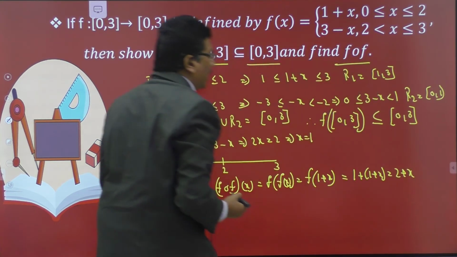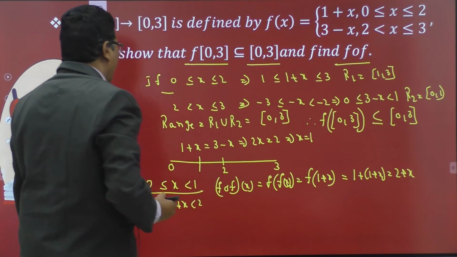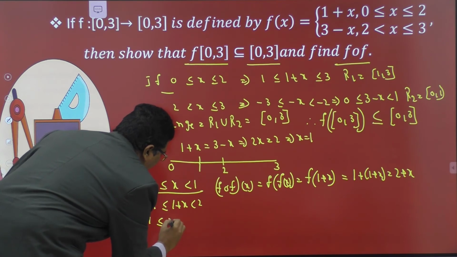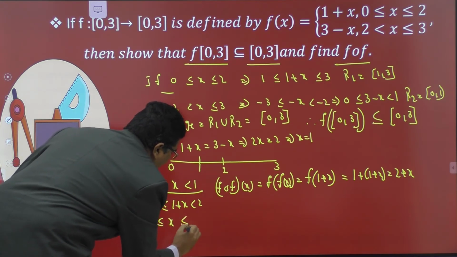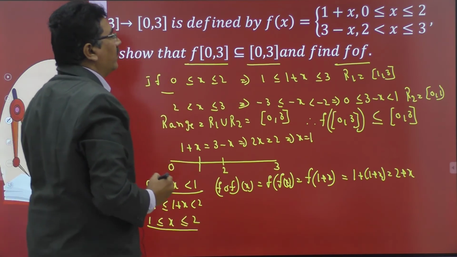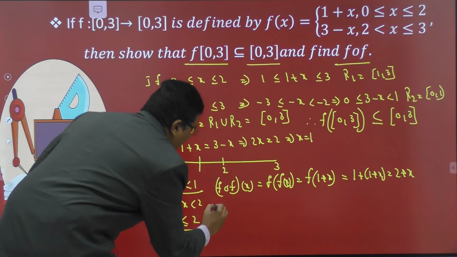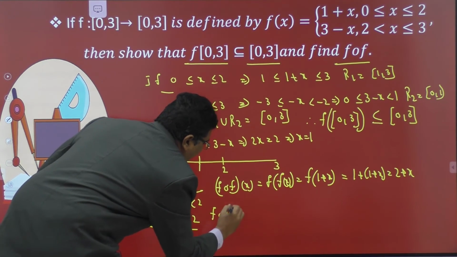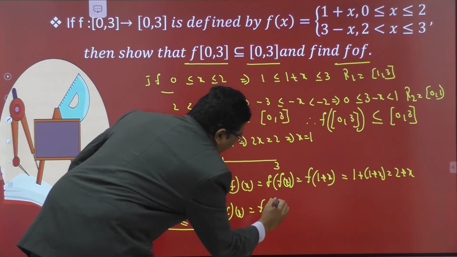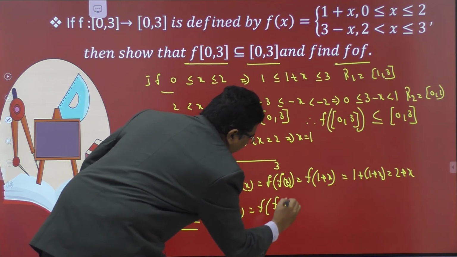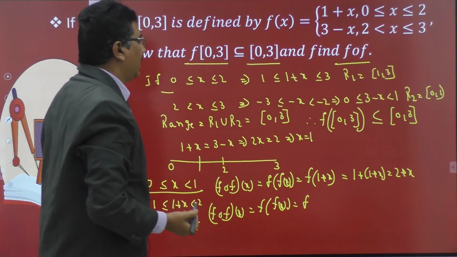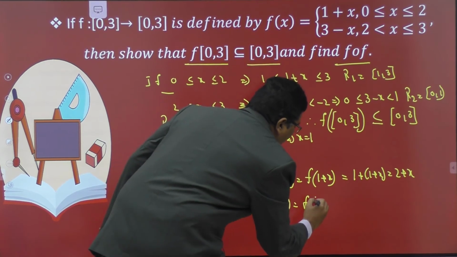x. Now, if x lies between 1 and 2, 1 less than or equal to x less than or equal to 2, in this interval f circle f of x is equal to f of f of x. In this interval f of x is 1 plus x.